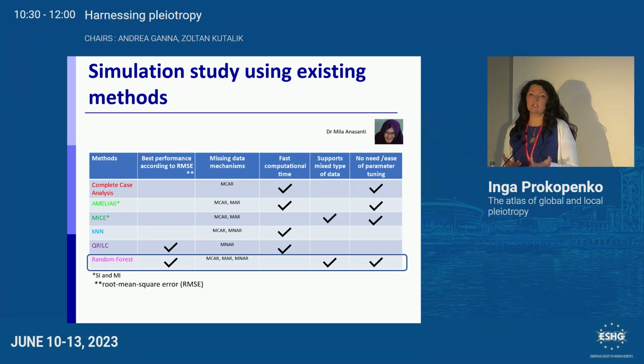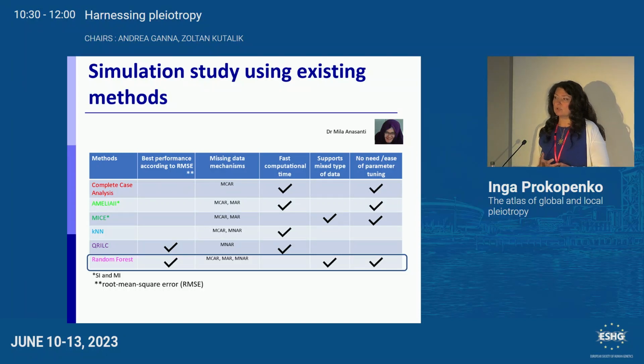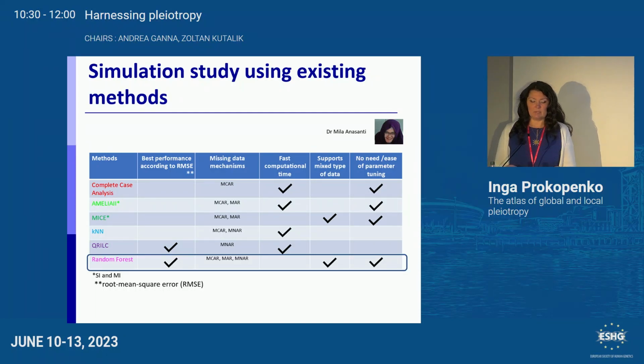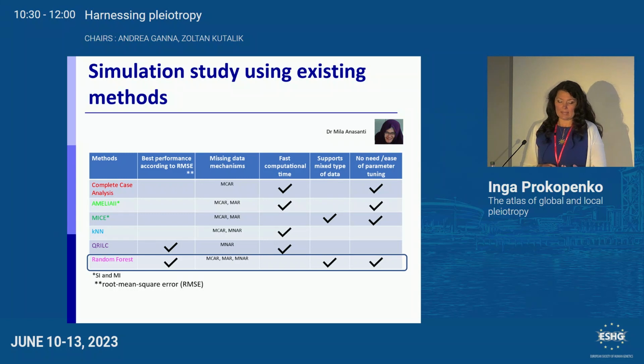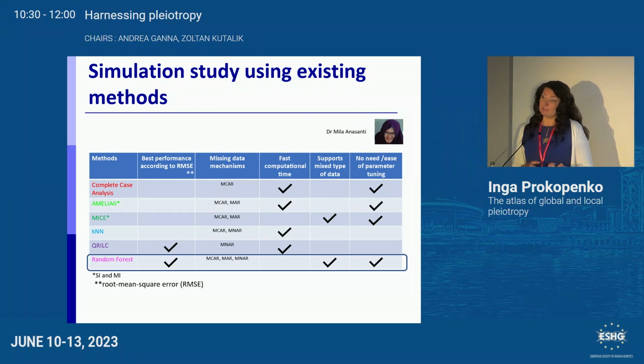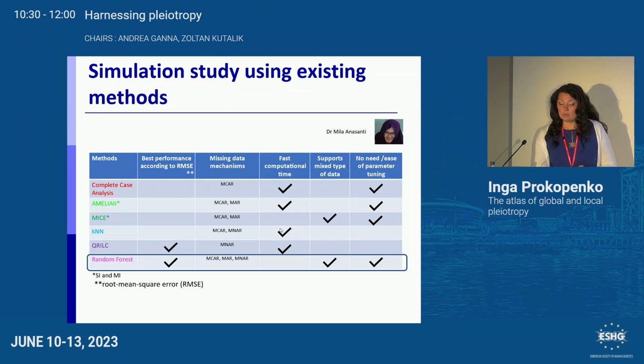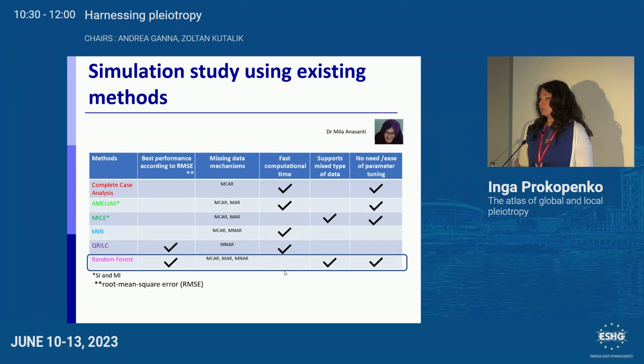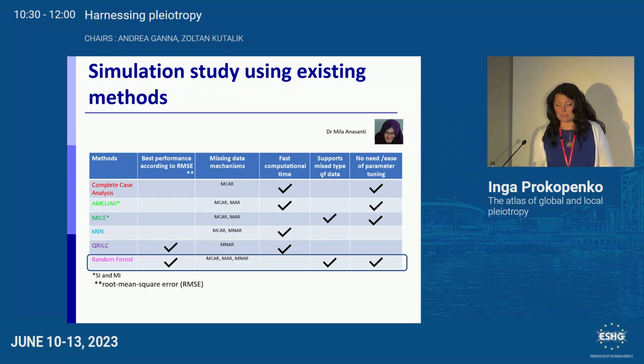Just to introduce a new term for you, there is missing completely at random, missing at random, and missing not at random. So you see that some approaches are fast computationally, but when we deal with hundreds of thousands of individuals or phenotypes for them, it's an important factor.